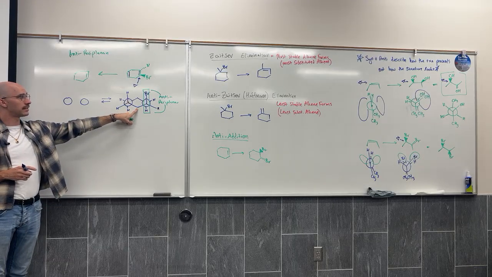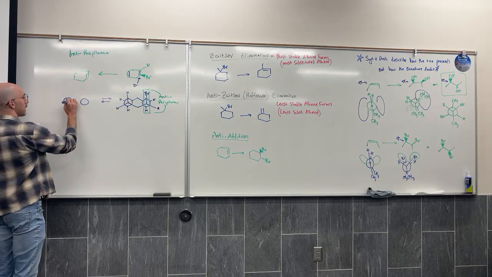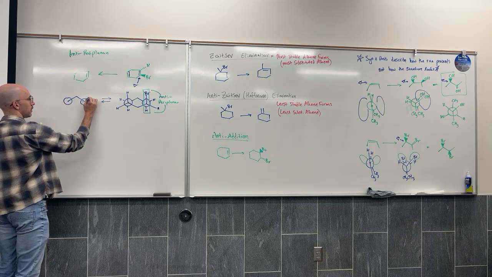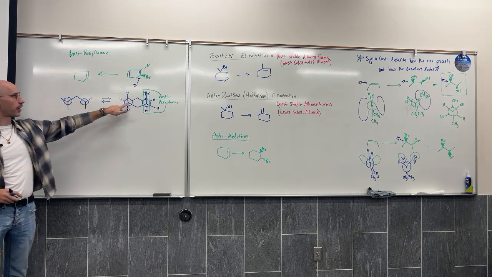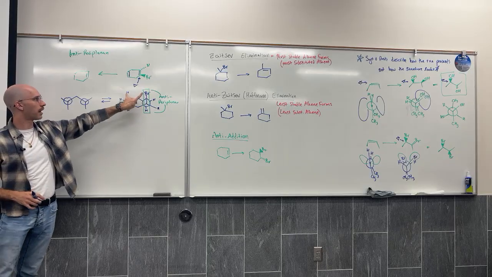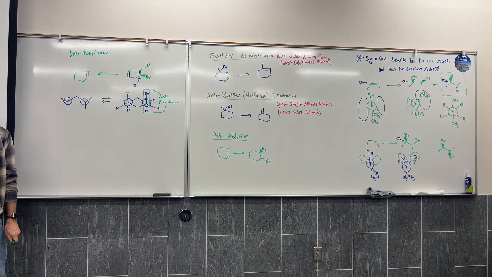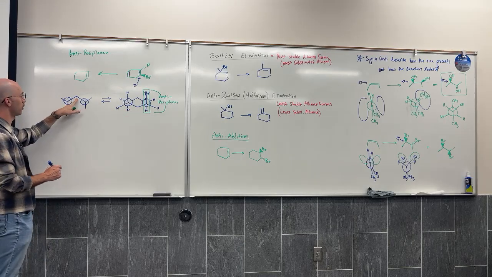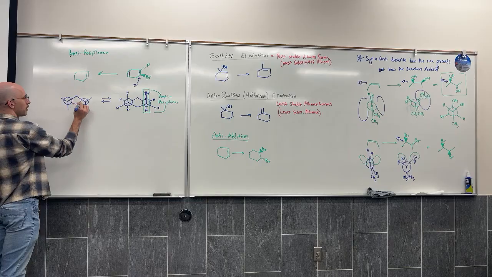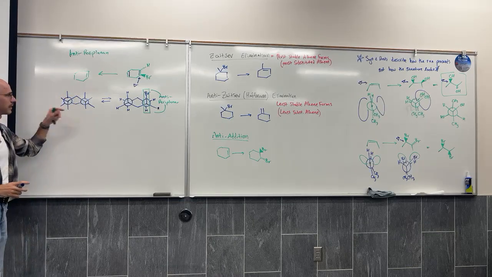Let's take this down carbon that was connecting both of my front Newman projections, and let's make that an up carbon. Because just by making that one change, my front carbons have both swapped from up carbons to down carbons. So front carbons are not connected by a down carbon anymore. Front carbons are connected by an up carbon. Back carbons are now connected by a down carbon.